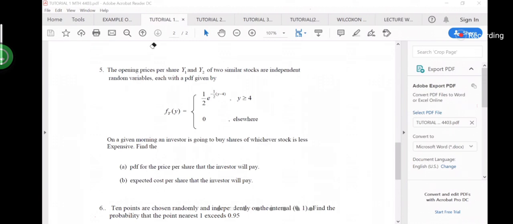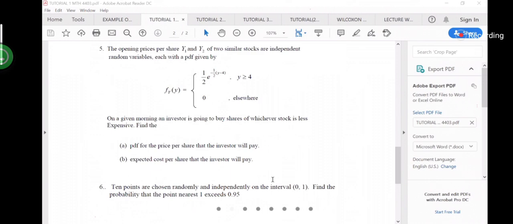Okay, so however, for both techniques, very important, what do you need to do in the first step?